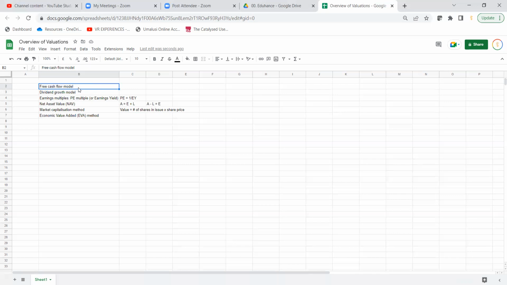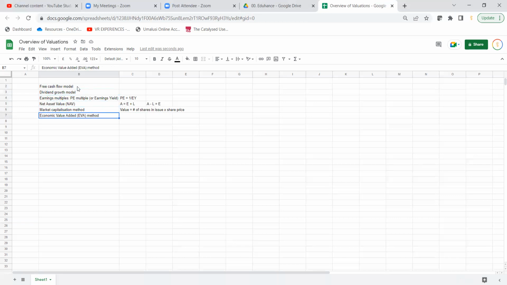But what I do know is that somehow you can take the economic value added method and come up with a free cash flow model. But like I said, we don't exactly need to know it. You need to know how it works, but I don't think it's on the level where you need to be able to perform it like you need to be able to perform those three valuation methods. As you can see, that is 1, 2, 3, 4, 5, 6.